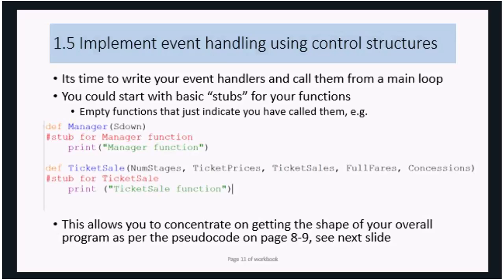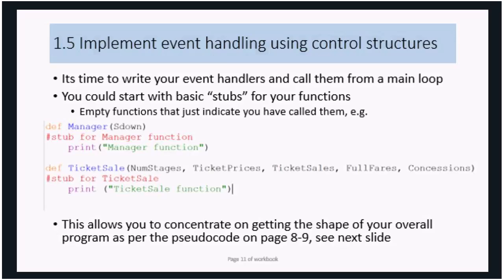It needs to know how many stages, it needs all the ticket price information, it needs the ticket sales class that we set up because it's going to tot up the full fares and concessions. I can't remember how I've laid out all that bit. We'll explain that bit shortly. But at the moment, this is just a stub.